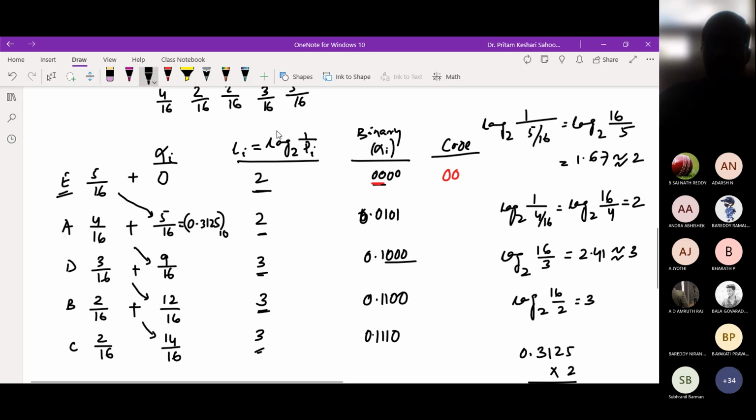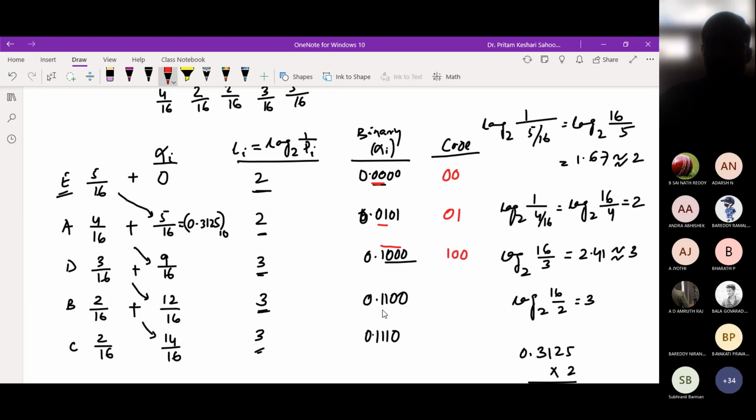Since everything here is written as 0 point something, you can also write 0 point here, no issue. Here the length is 2, so you take 2 bits, that is 0 1. But here the length is 3, so you take 3 bits, that is 1 0 0.